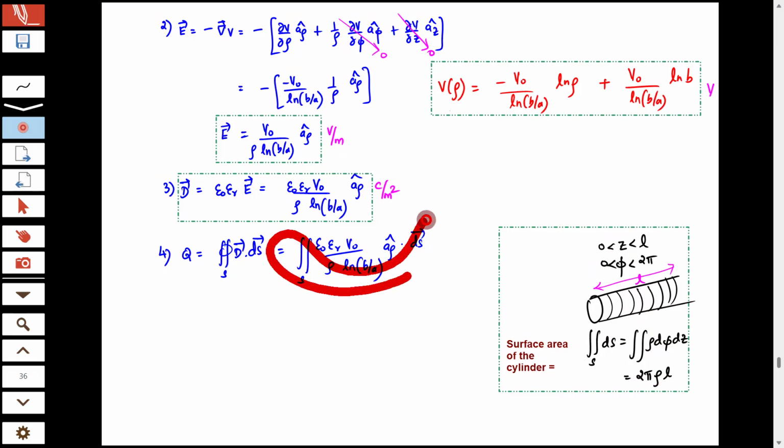So wherever we have the surface integration ds with the constants in multiplication, we can write the surface area in terms of this surface integration.